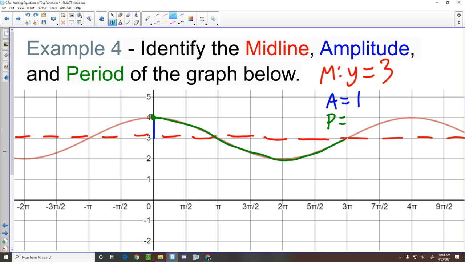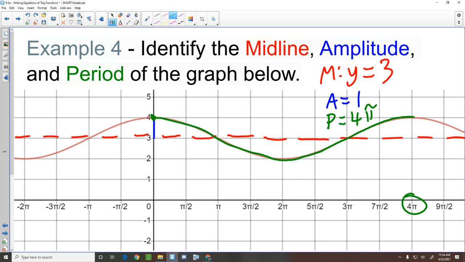It's going to curve up past the midline and end back at the crest. Went from crest to crest. So I look at the x-axis from those 2 points, and from 0 to 4 pi it has a length of 4 pi. So that would be the period of this wave, 4 pi radians.